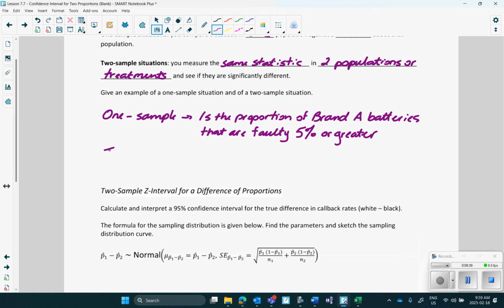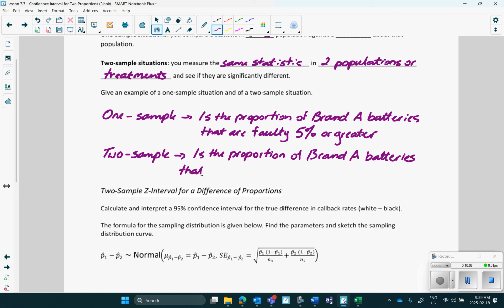A 2 sample would be: is the proportion of brand A batteries that are faulty greater than those of brand B? Now we're comparing two populations.